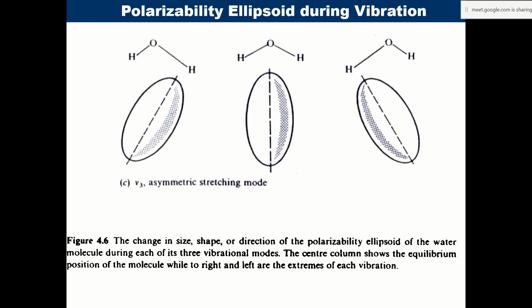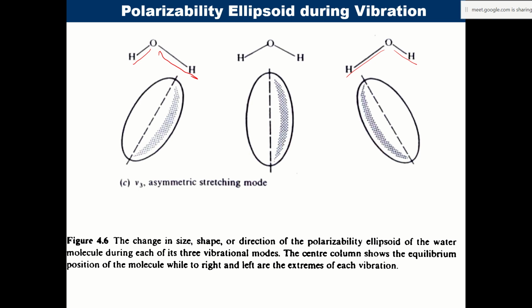Now we are at the third one. This is the asymmetric stretching mode, and in this case one of the bonds is stretched and the other is compressed in one extreme, and in the other extreme this one is compressed and this one is stretched. So overall you have an ellipsoid which, when you view it like this, is tilted along a particular axis.